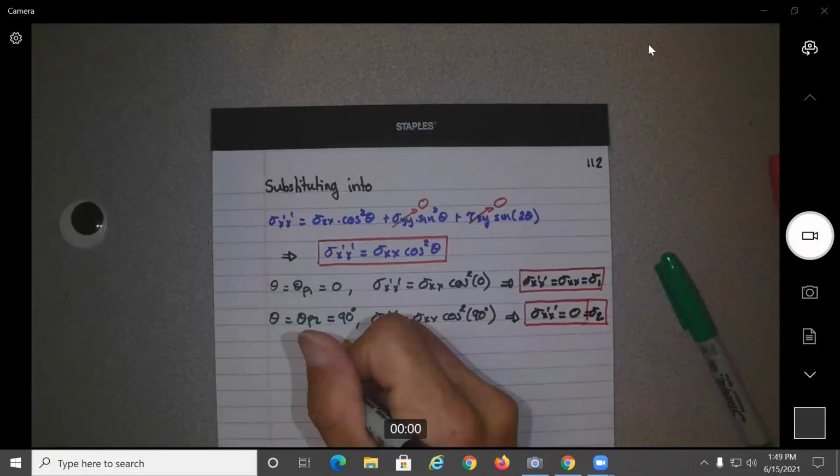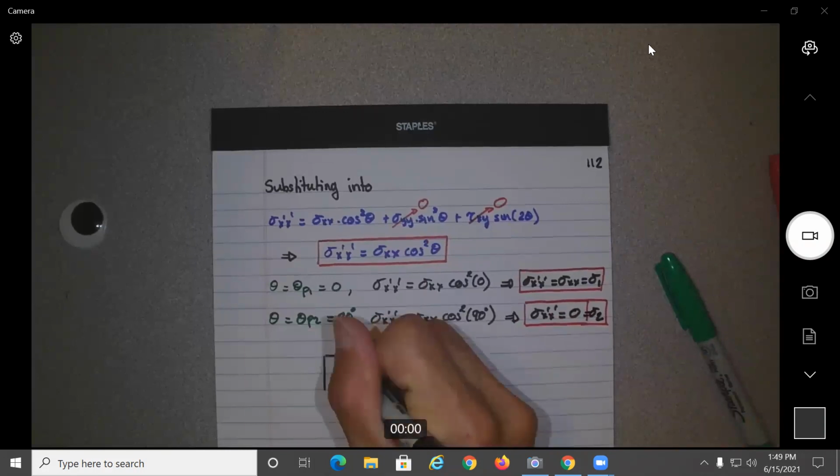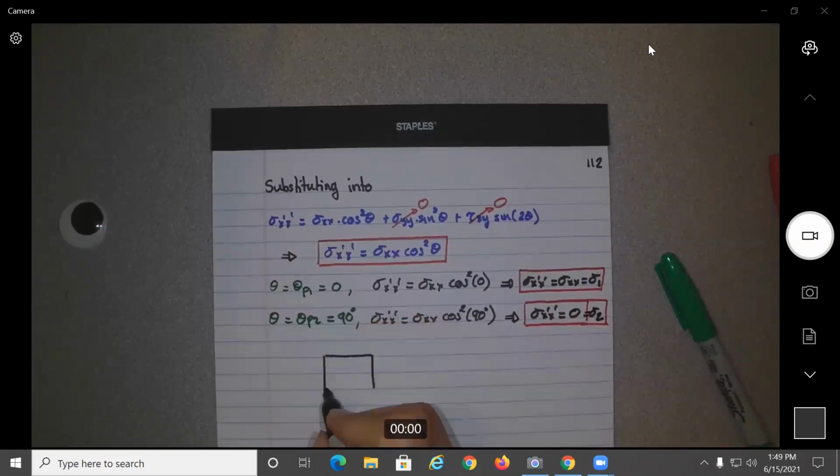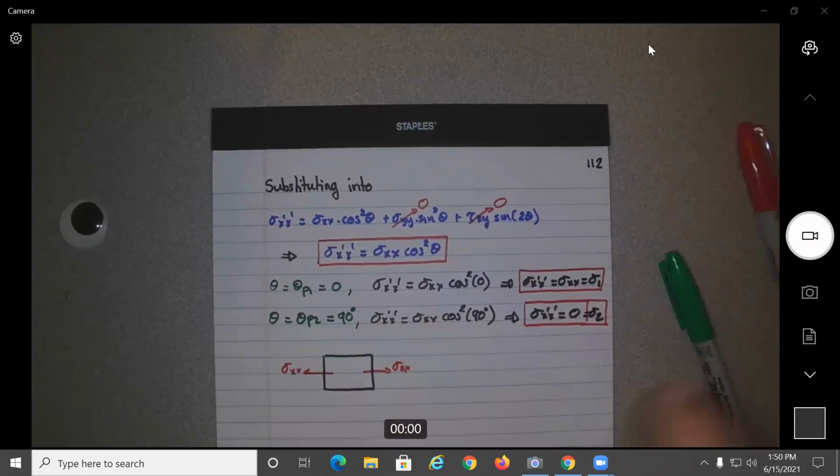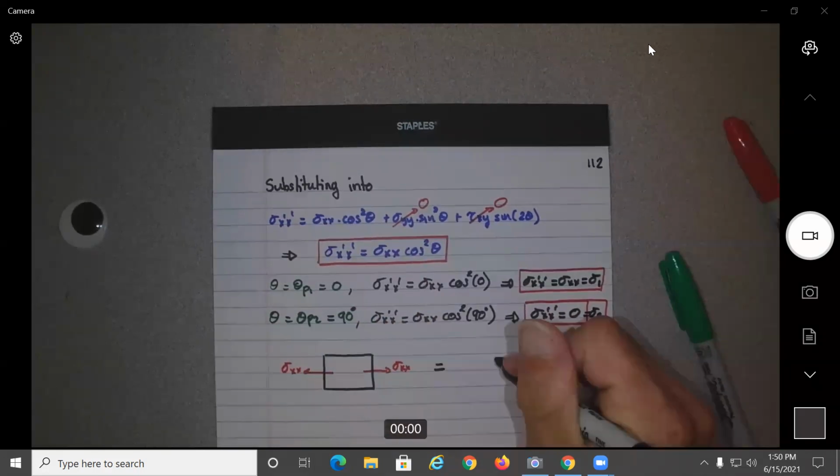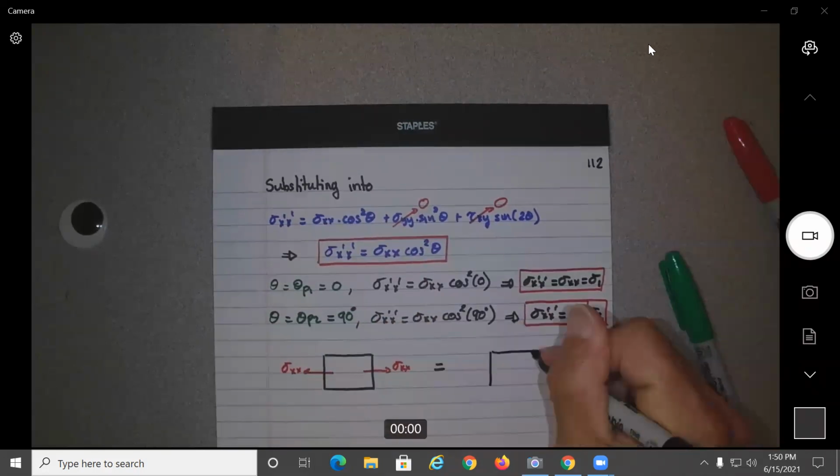Okay, so basically this one is very simple. If we have this initial state of stress, once we do our stress transformation, the angle is still going to be 0.